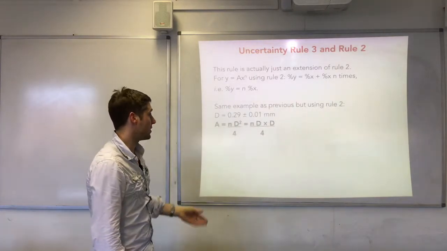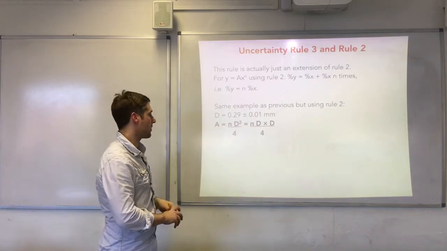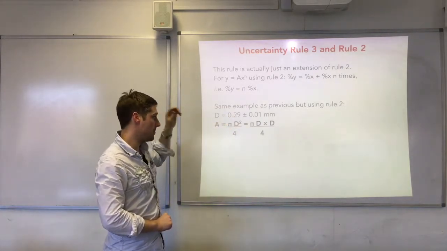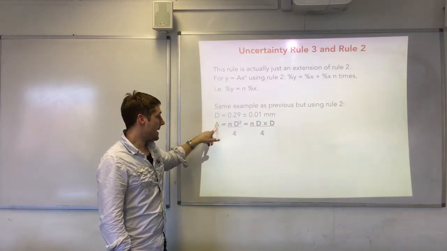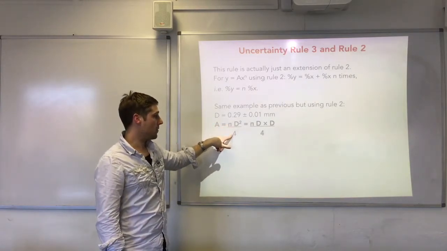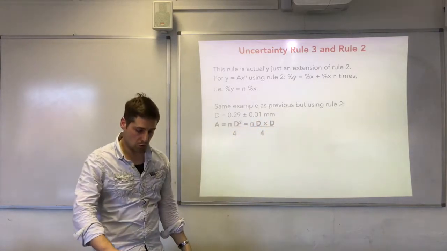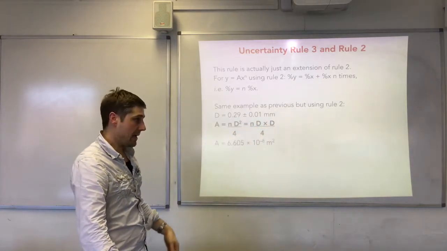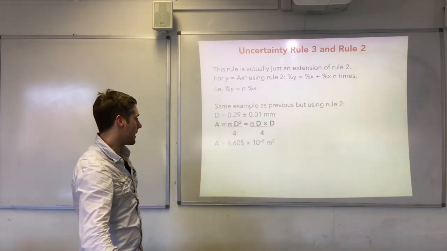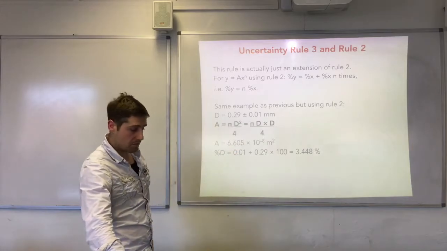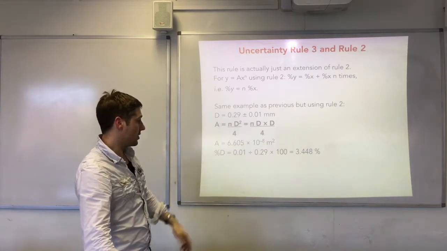We can actually use rule 2 to solve that previous problem we had. D is 0.29 plus or minus 0.01 millimetres. A is pi d squared over 4, which means it's pi times d times d over 4. A we already calculated, so I won't go through that again. And the percentage uncertainty in D was 3.448%. That hasn't changed either.